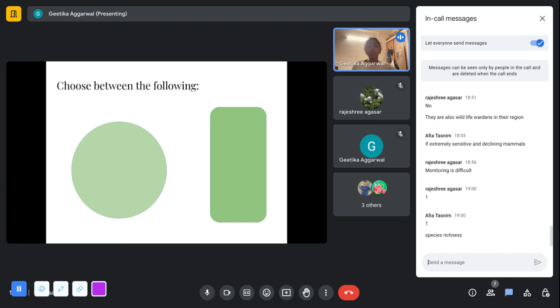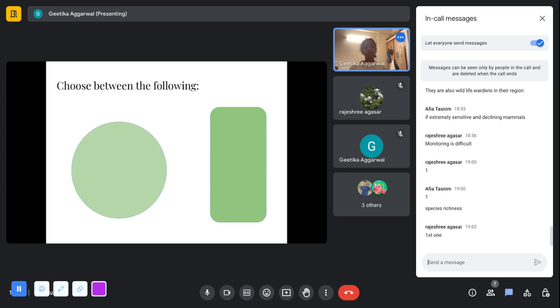Moving on. So, if both of these have an equal amount of area, which shape would you rather select for your habitat reserve, for your biosphere reserve? Would you want it to be a circular reserve, or would you want it to be a rectangular reserve? First one? Yeah. So, you would mostly go for a circular reserve. And why is that?